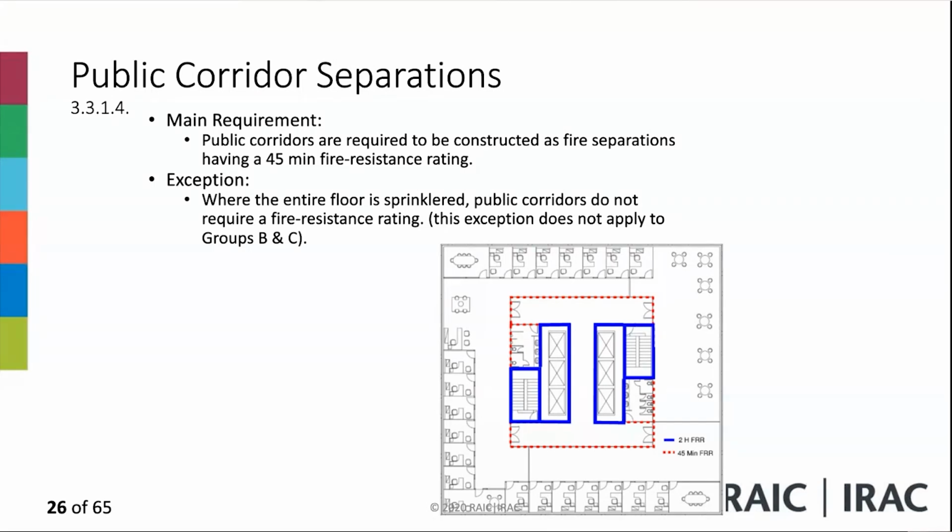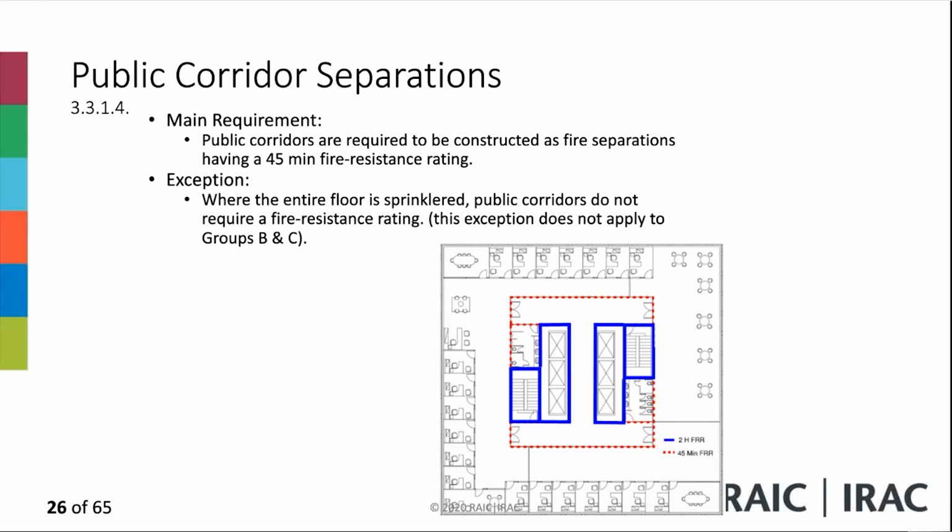I don't want to tell you about what the code says. I want you to be able to read the code and understand the provision. So let's go to 3314. What that tells us in 3314: a public corridor shall always be separated from the remainder, this is sentence 1. There always has to be a fire separation unless permitted by sentence 4.